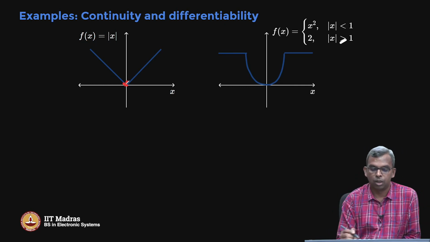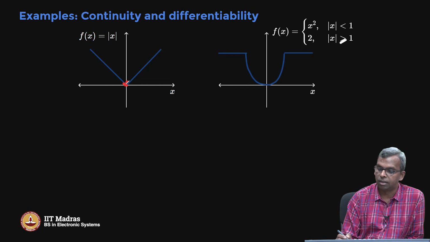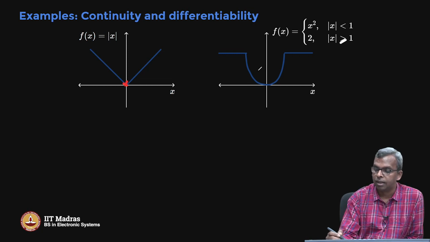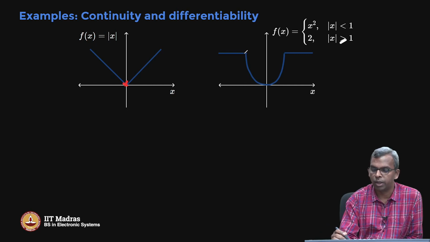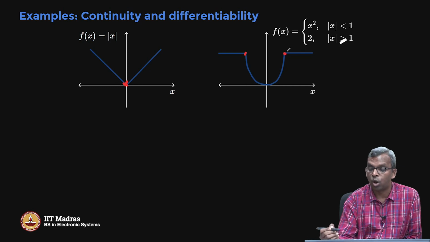If you look at this, this function is also continuous everywhere. There is no problem with continuity, so you can happily go through every point here. The function is continuous, but at this point and this point, it is not differentiable.